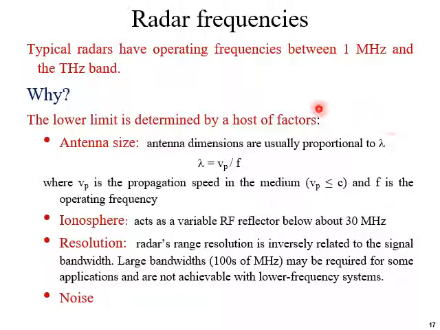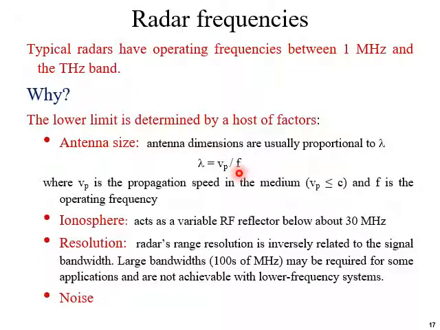Now typical radars have operating frequencies between 1 MHz and the terahertz band. Now the question is why? The lower limit is determined by a host of factors like antenna size. If lambda is the wavelength, then wavelength is equal to Vp by the frequency, phase velocity by the frequency.